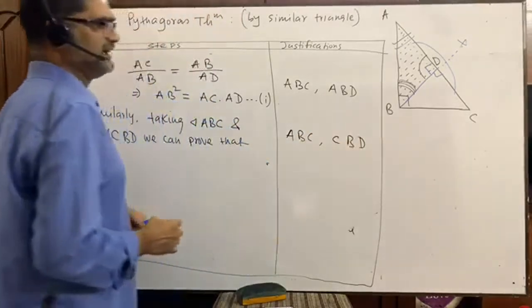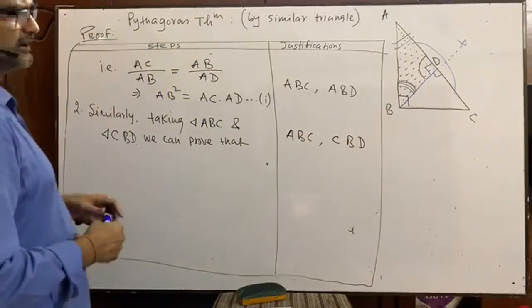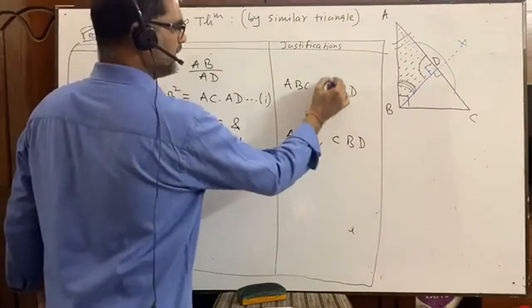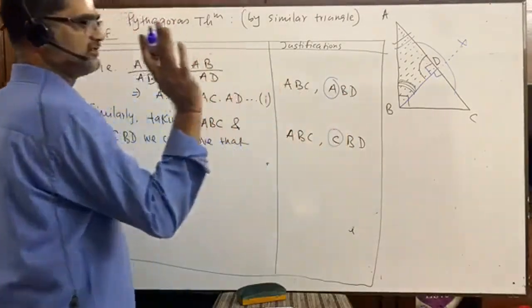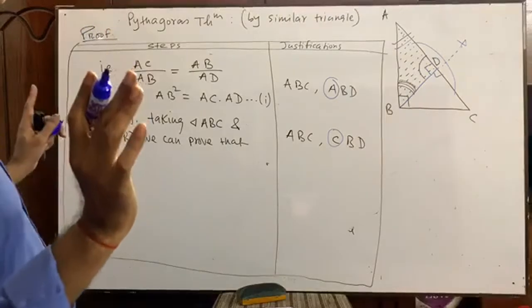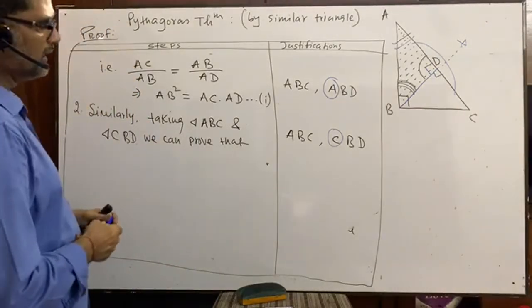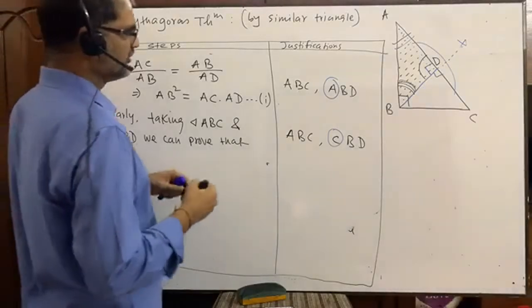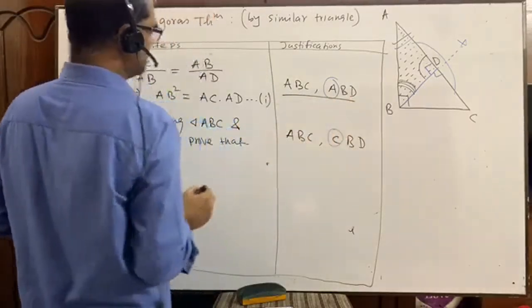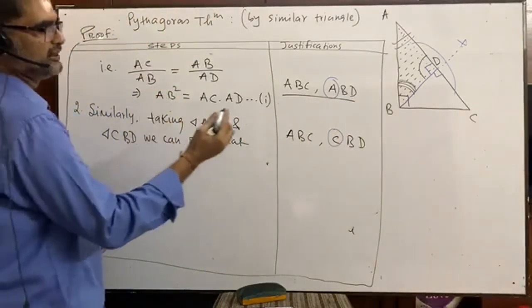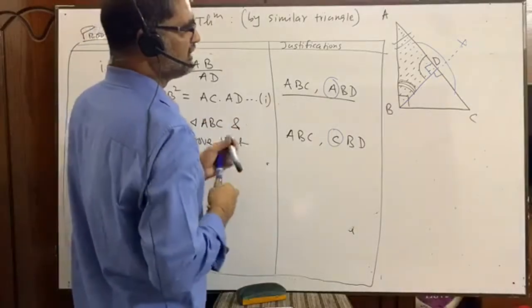What is the change actually? Here it was A and here it was C. Nothing else is changed, right? So when I consider these two triangles, I have got AB square. Where is AB?